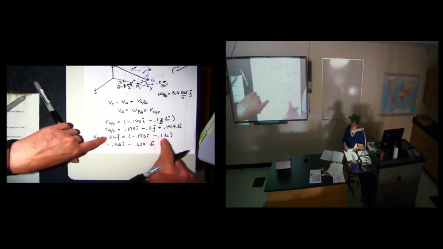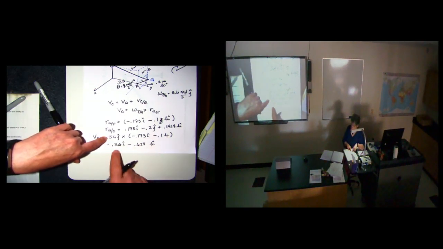So VQ is going to equal 3.6 J crossed with my minus 0.173 I minus 0.1 K, which gives me 0.36 I minus 0.624 K. 3.6 times 0.1, J cross K gives me that.